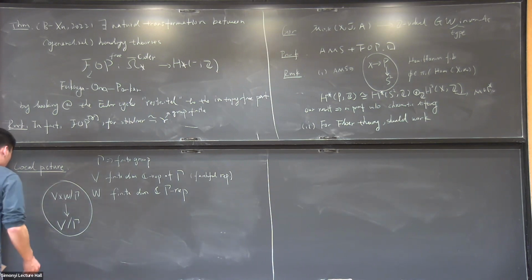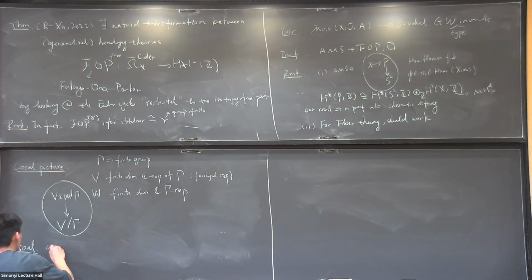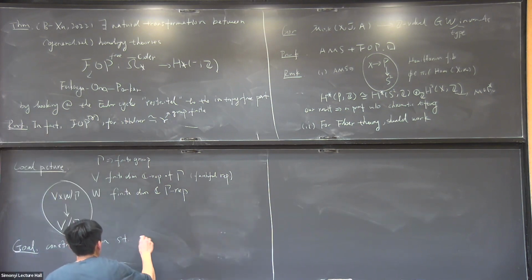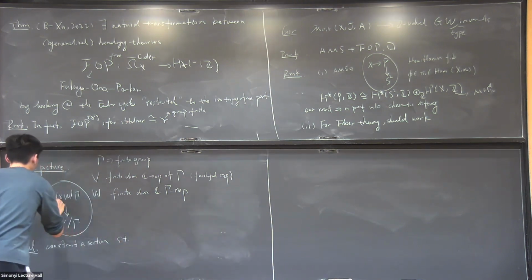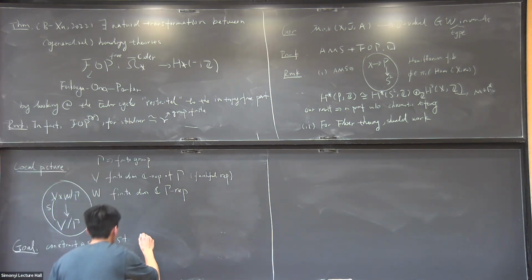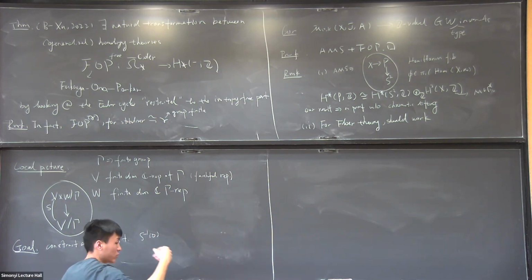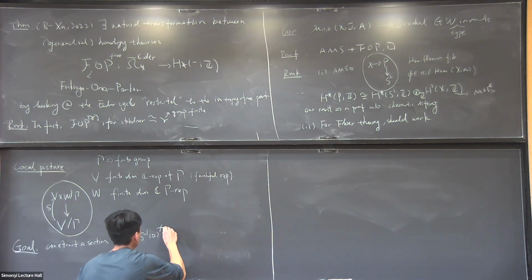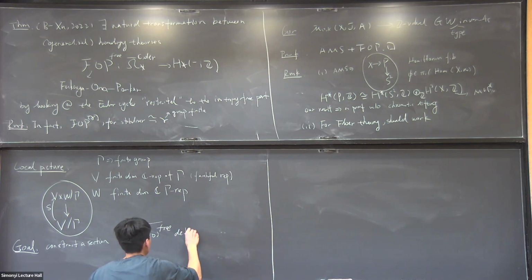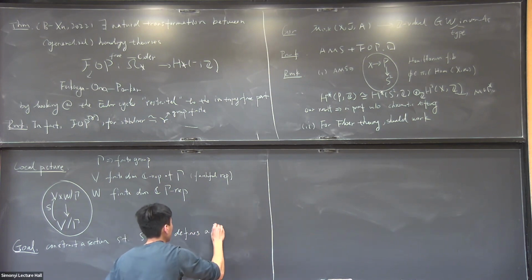And then the goal is to construct a section, let's call this section S, such that, if we look at the zero locus and restrict ourselves to the parts where the isotropy groups are trivial, this defines the homology class.